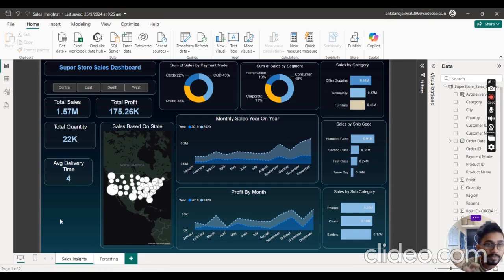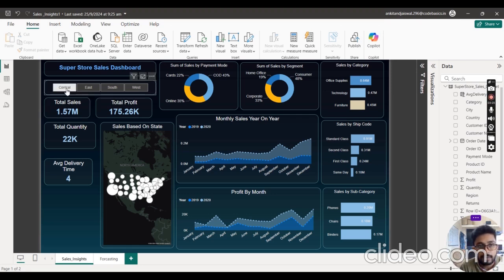For this US region, west, south, combined, the total sales is $1.57 million. On that, total profit is only this much. Now there could be something wrong, like my revenue is very high but my profit is very low.